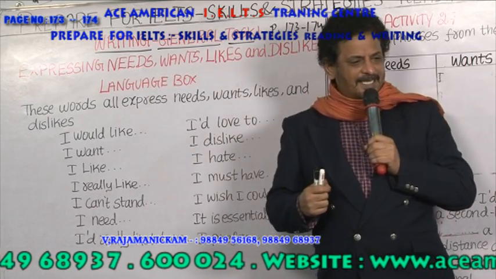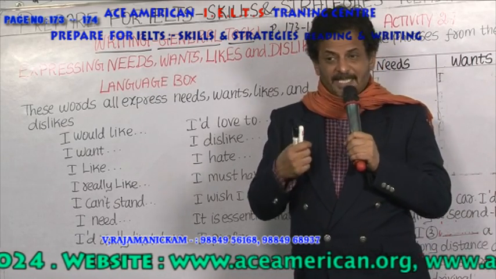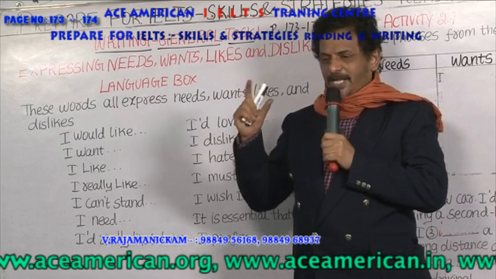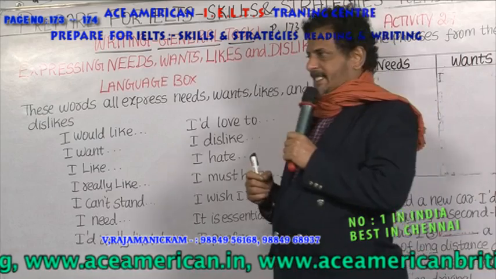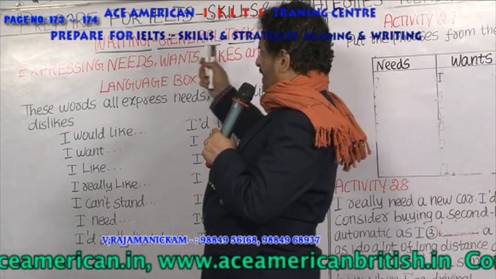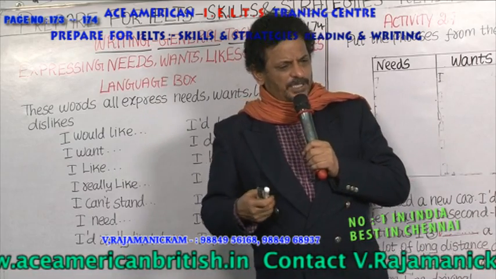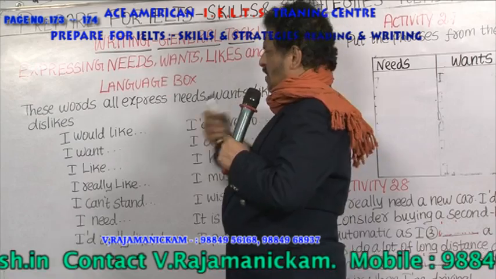That's what they call starting phrases. In eating, you take starters, chicken or chips or whatever it is, with a brandy or whiskey. But here, the starters are for expressing needs. Whenever you want to express your needs, I want so and so. Expressing your wants.